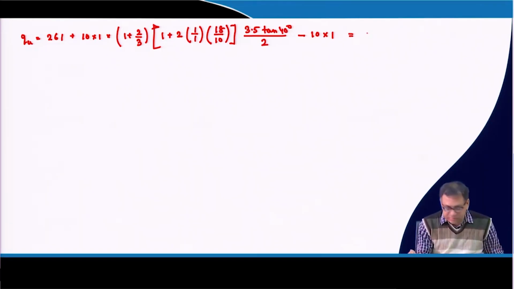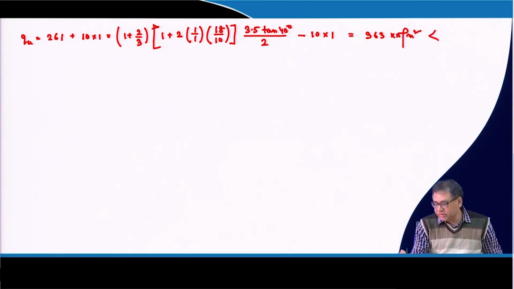So, this is 363 kilonewton per meter square. So, which is less than QT, is fine.